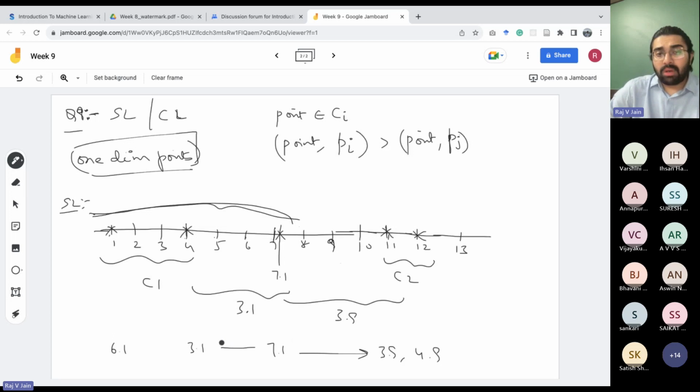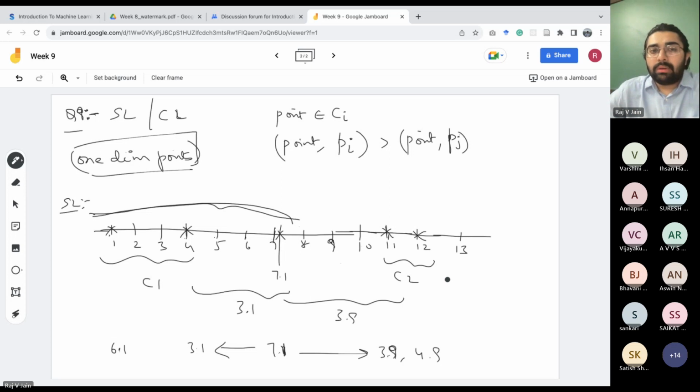So this point is farther apart from one of the points in its own cluster compared to points in the other cluster, right? So this is one example where this happens in a single linkage scenario. Is this clear?